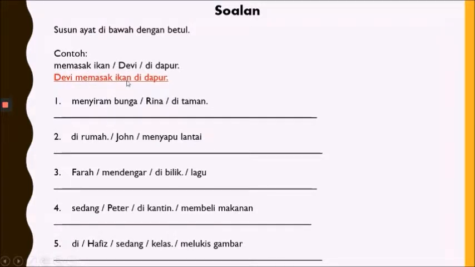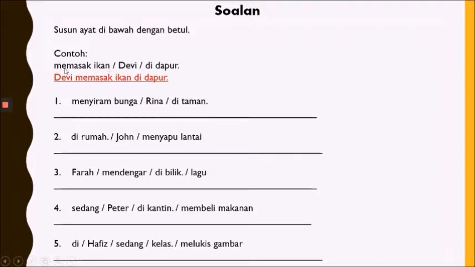Then the second one is always the action word, and if you see the word sedang, sedang will come second usually. But if there is no sedang, it's always the action word which starts with M-E. So we know that between this and this, the one that starts with the letters M-E is this one, right?